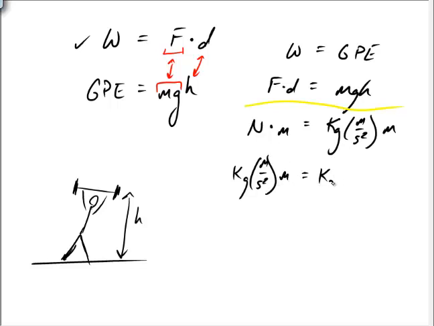And what do we have? We have identical units to verify that work can in fact equal gravitational potential energy. And so this is called a joule. So this is 1 joule. That's interesting. So work energy theorem sometimes is what this is called.